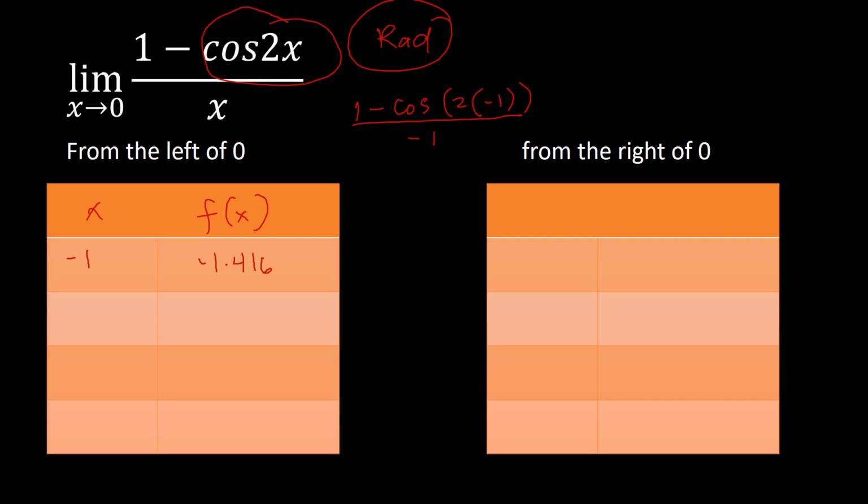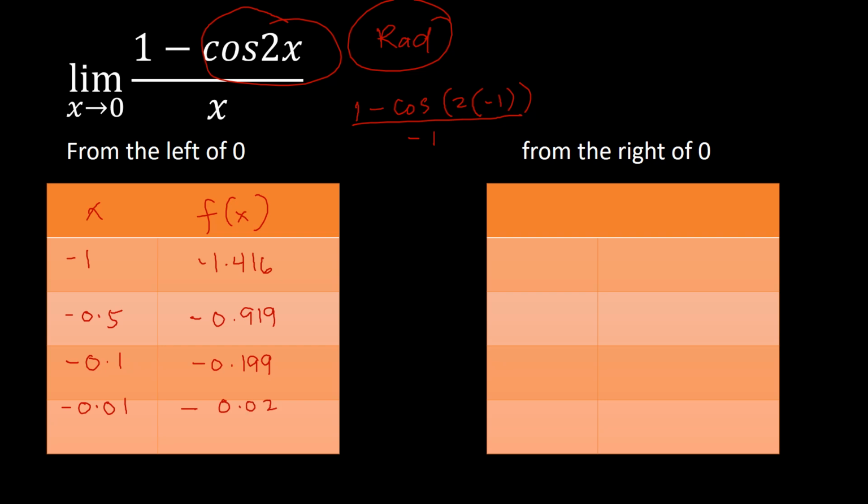That will be equal on f of x to negative 1.416. Then approaching 0, we can move to negative 0.5, and we have that equivalent to negative 0.919. We cannot see any pattern at all, so we move closer. Negative 0.1 is equivalent to negative 0.199. Then negative 0.01 is equal to negative 0.02.